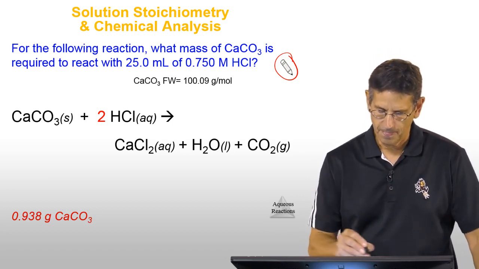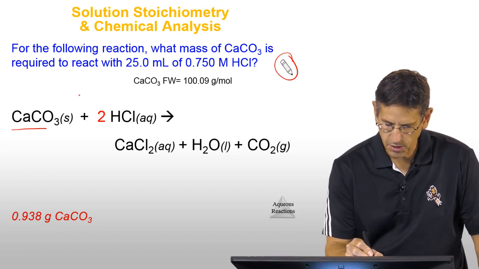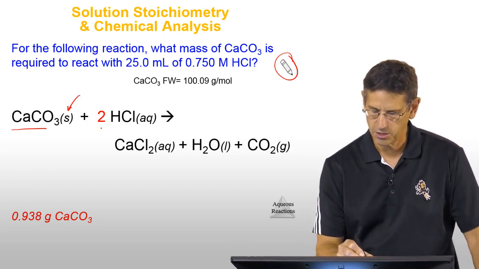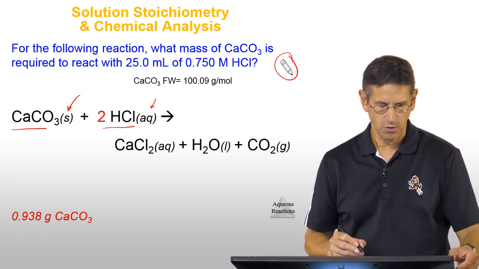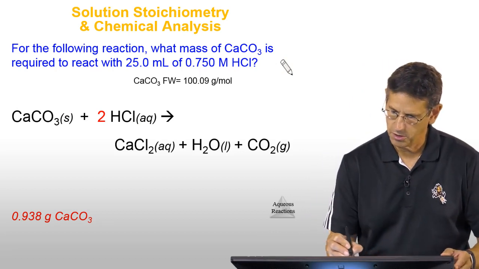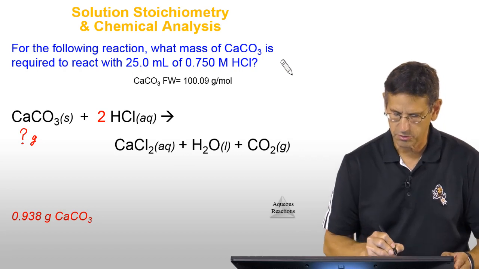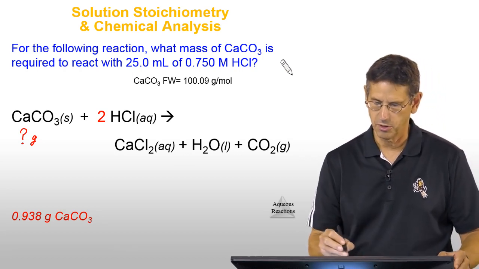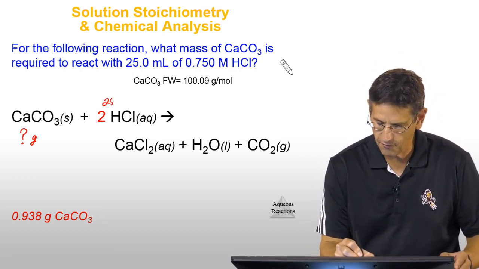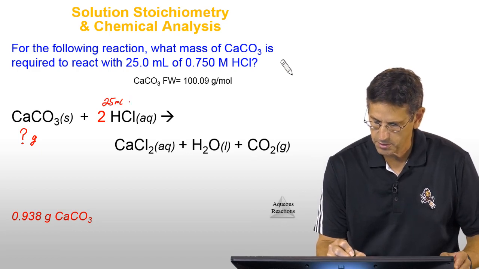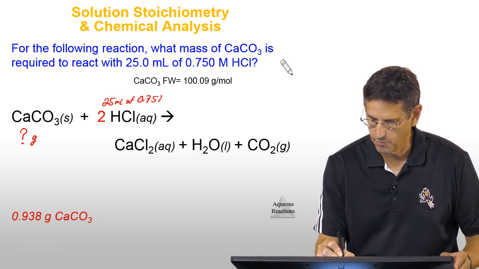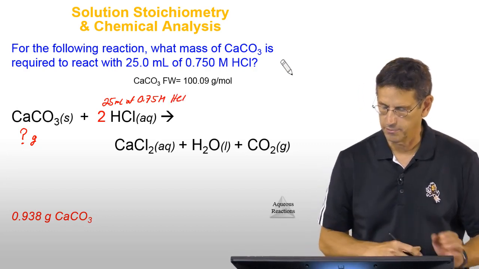Calcium carbonate, notice, is a solid. HCl is aqueous. So our question, I'll put a question mark there with grams: how many grams of calcium carbonate do we need to react with 25 mL of 0.75 molar HCl?